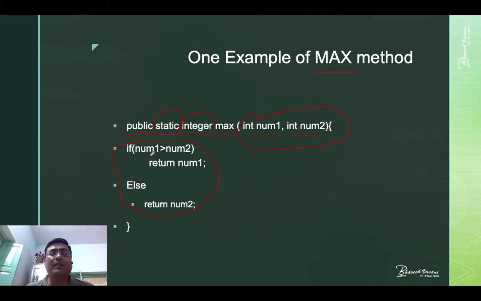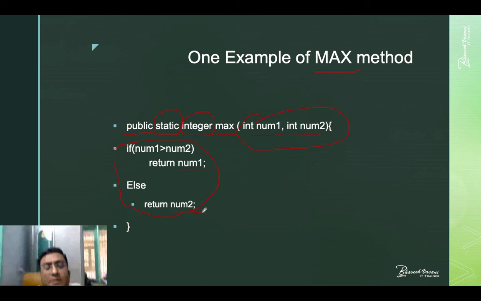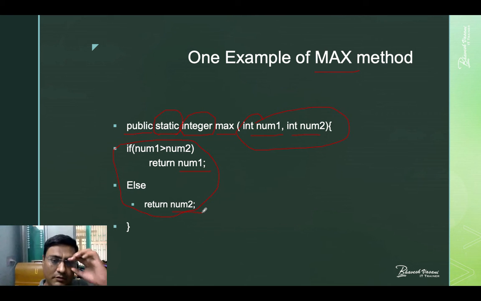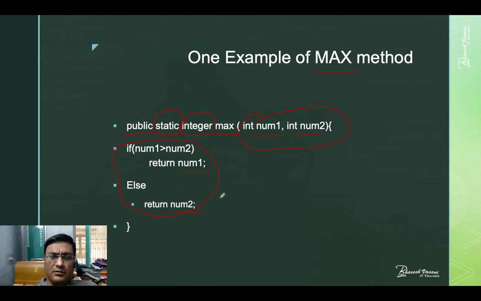If num1 is greater than num2, then we return num1, else we return num2. So with the max method, we can check two numbers and find which one is greater. This is a simple example of a Java method, and its name is max.